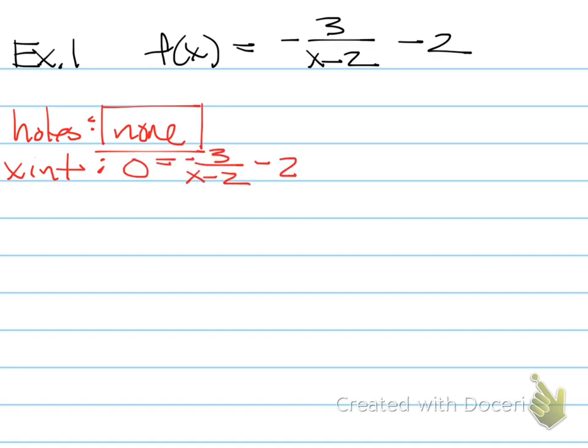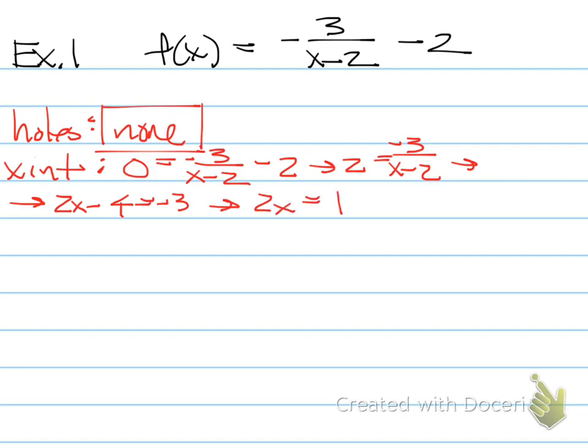If we set 0 equal to -3 over x minus 2, minus 2, we get 2 equals -3 over x minus 2, or x equals 1/2. So the x-intercept is going to be 1/2.